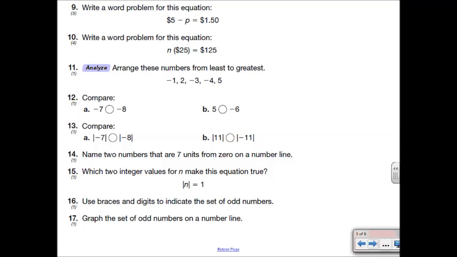Number 9 asks us to write a word problem for this equation. We have $5 minus P equals 150.